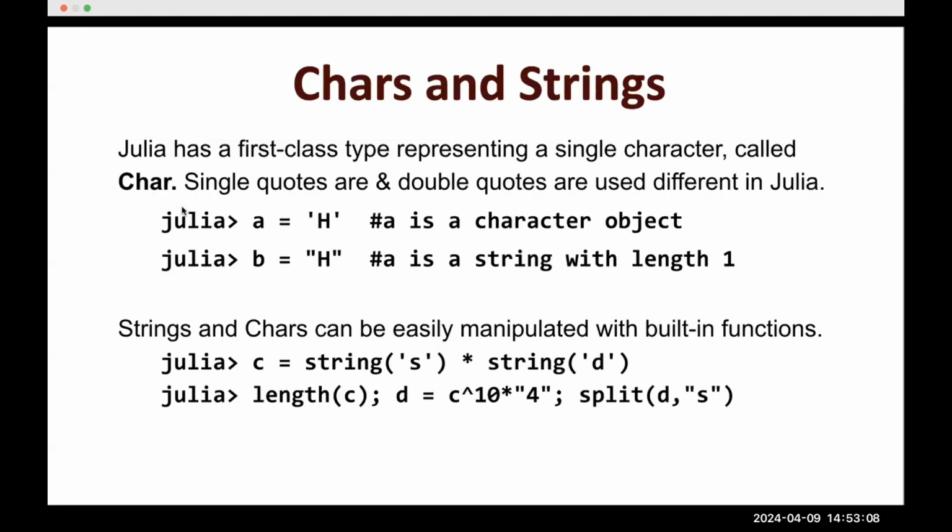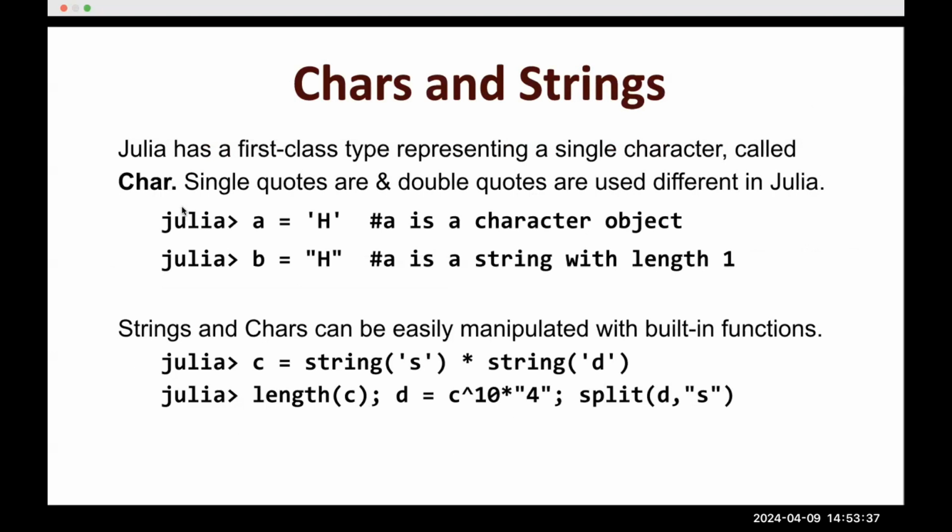Char and strings are kind of different. These are mostly for text processing. With large language models and many other machine learning models dealing with text processing, Julia can handle that just like Python, and also efficiently. If you use a single quote, it's treated as a character.